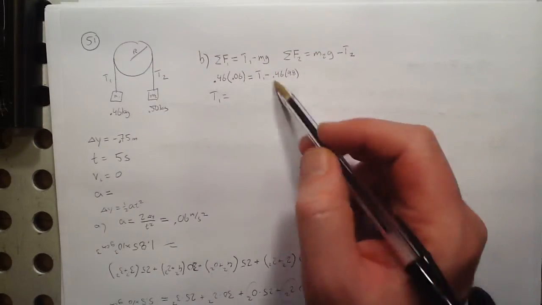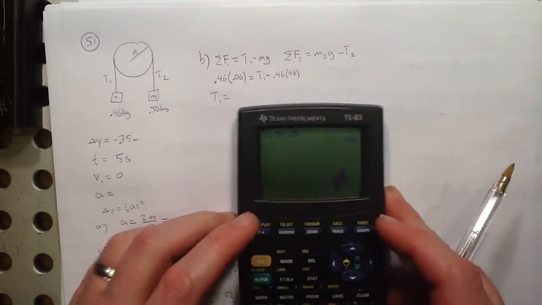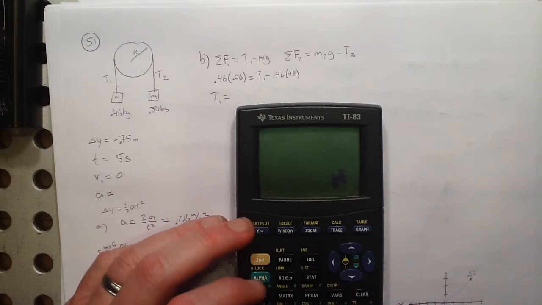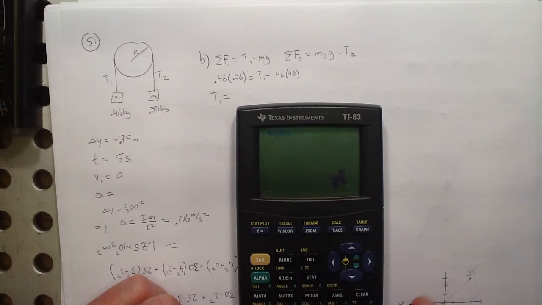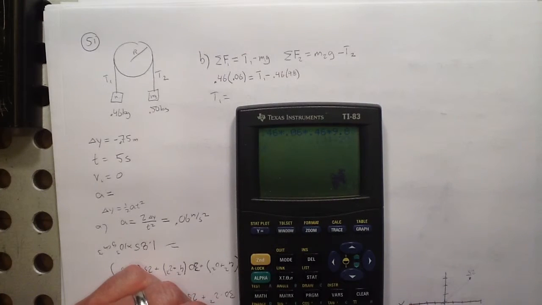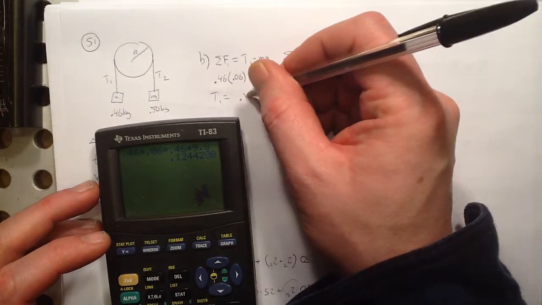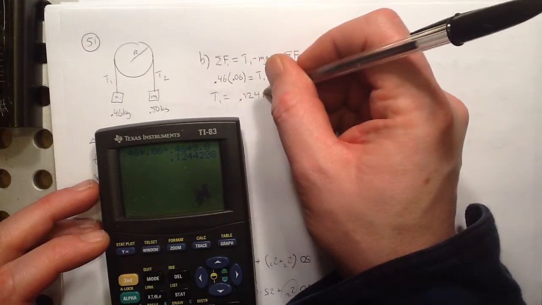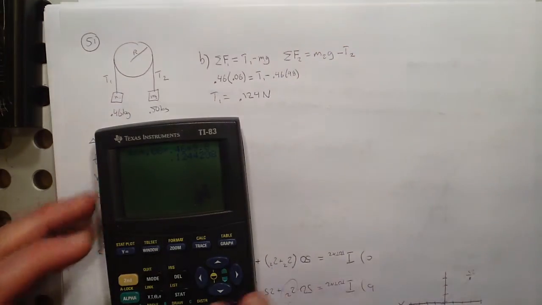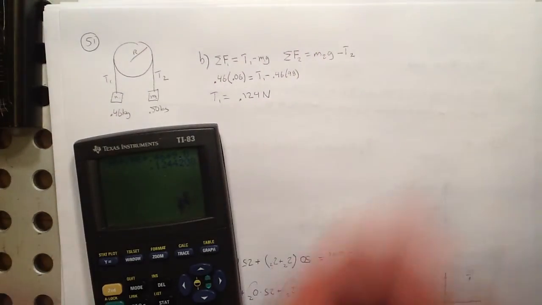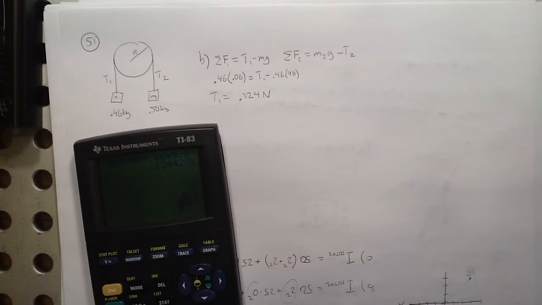T1 is equal to this plus this. So that's 0.46 times 0.06 plus 0.46 times 9.8. So that's about, I'll say 0.124 newtons. And then I guess that's the answer for part B.